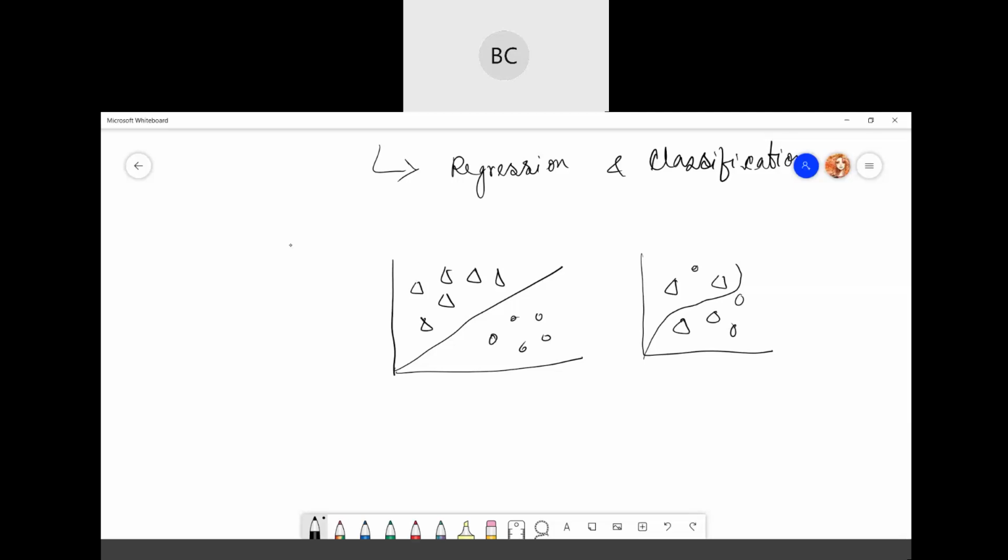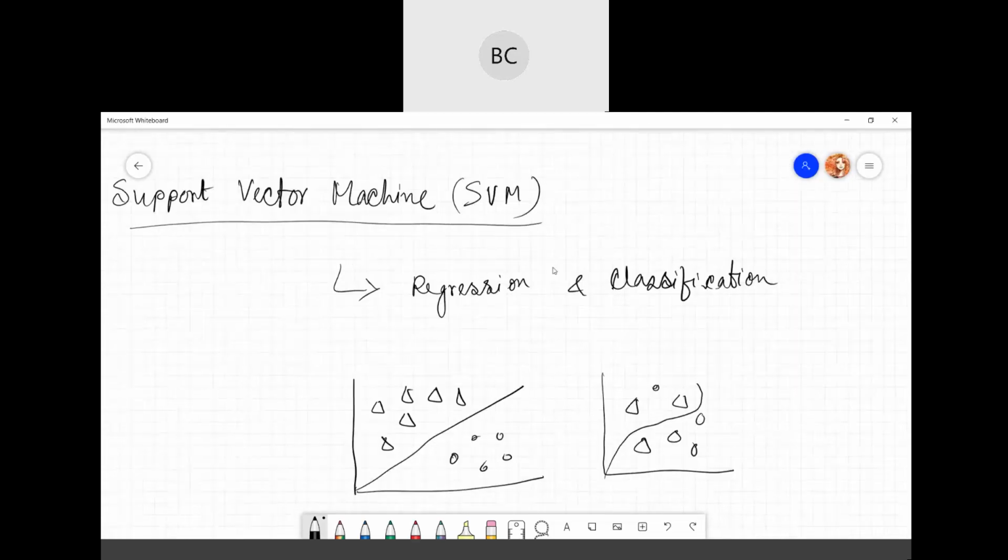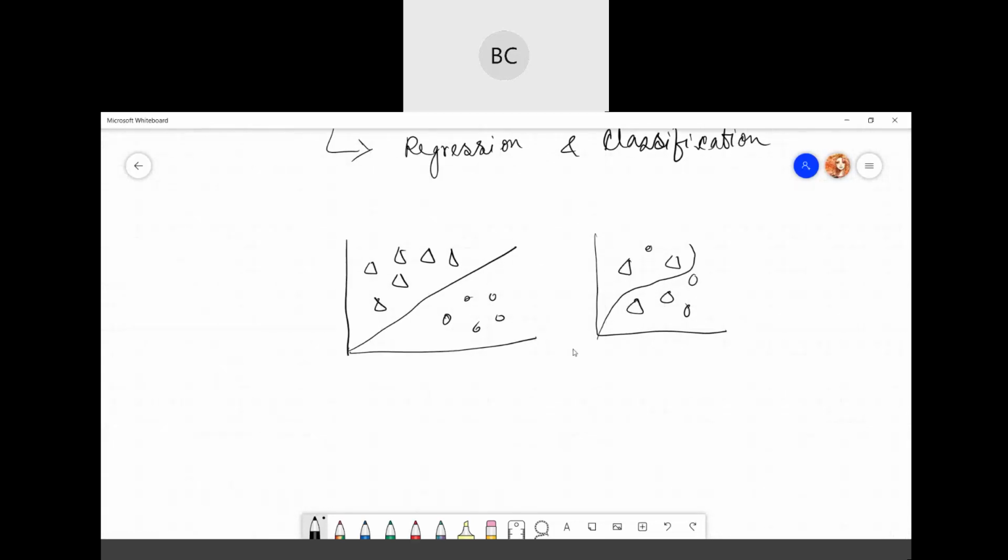SVM is mainly used for linearly separable data, but the advantage of SVM is that it is also useful for data that are not linearly separable, that means non-linearly separable. Other classifiers like KNN can also be used for both, but for SVM, the main concept of linearly separable comes.